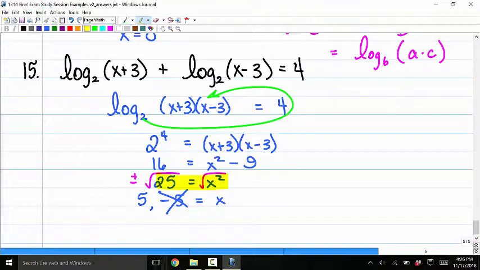To solve for x, I took the square root of both sides. On the left-hand side, I have plus or minus the square root of 25. So I get that x equals plus or minus 5.